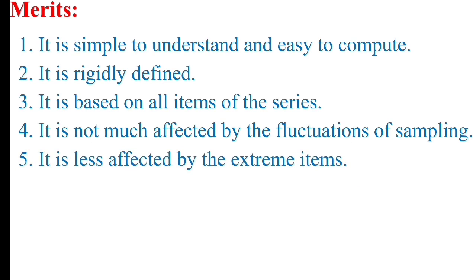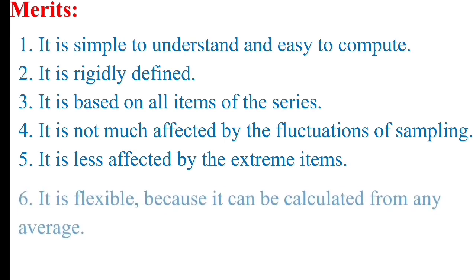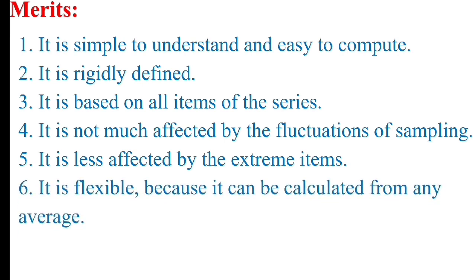In range and quartile deviation, we have seen that range is affected by extreme values and quartile deviation is a positional value. So mean deviation is helpful where there are extreme values. It is flexible because it can be calculated from any average.